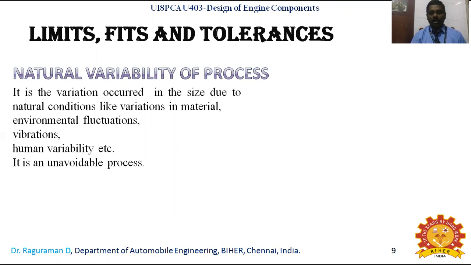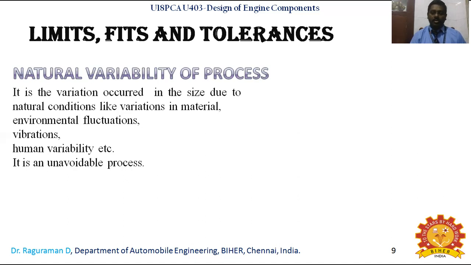But if you are going for a harder material like cast iron and then a still harder material like titanium, then you have to select an appropriate tool also for that. And depending upon the processing condition and machinability condition, you will be having a variation between accepted accuracy and expected accuracy. Another thing is environmental fluctuations and vibrations, and human variability.